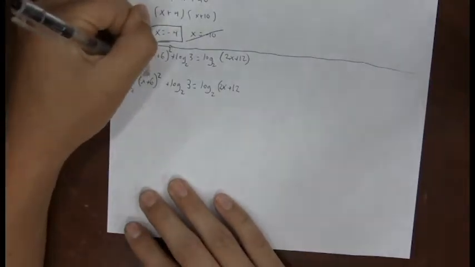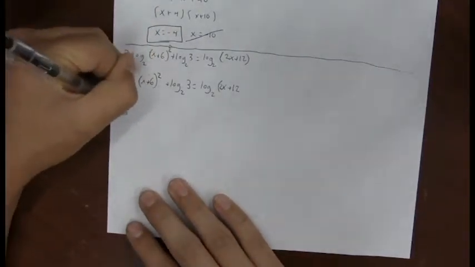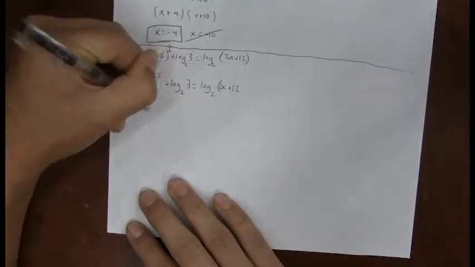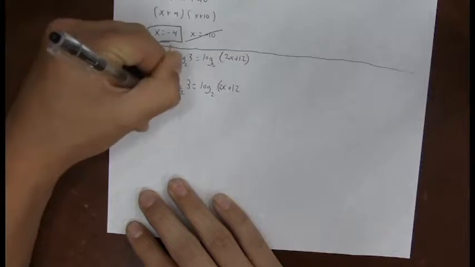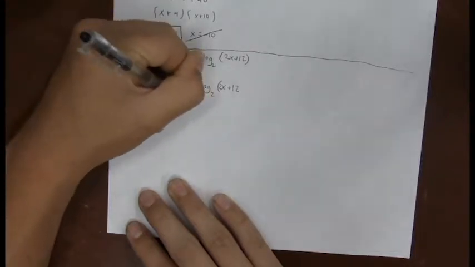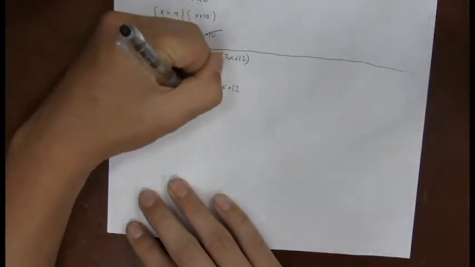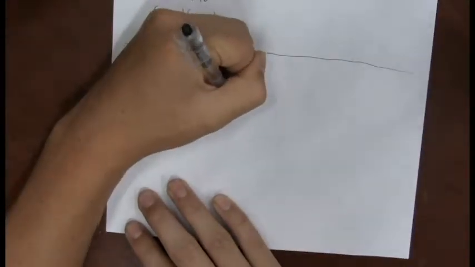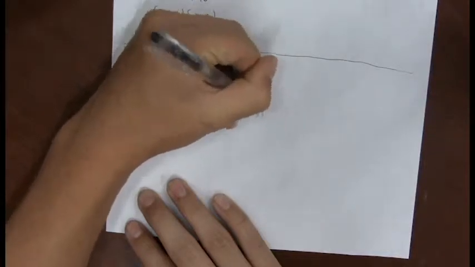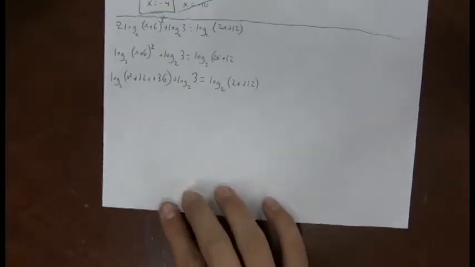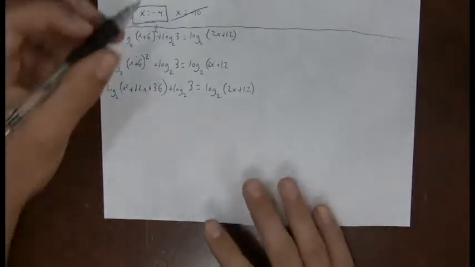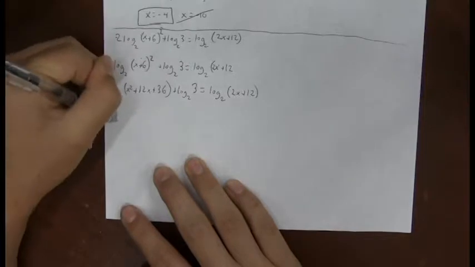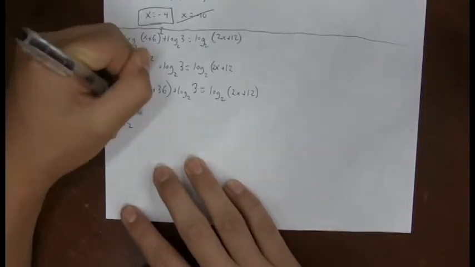Then you'd multiply this out. Next, you'd use the addition rule like we used in problem number 1 to multiply these two terms together, but you have to make sure to keep the base.